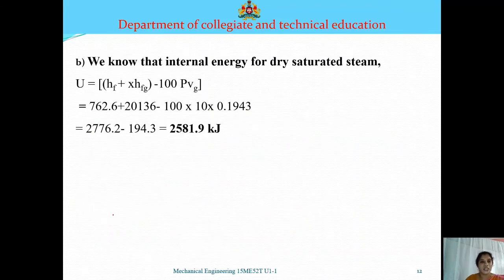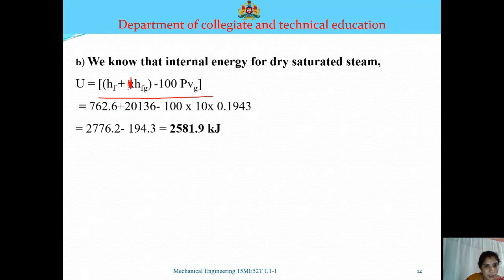So the second condition is what? When the steam is a dry saturated steam. For this particular condition, we need to find out the internal energy. For dry saturated steam, we know that U equals hf plus x into hfg minus 100 into P into vg. Sorry, x is not there.